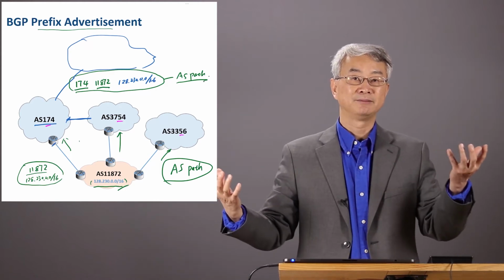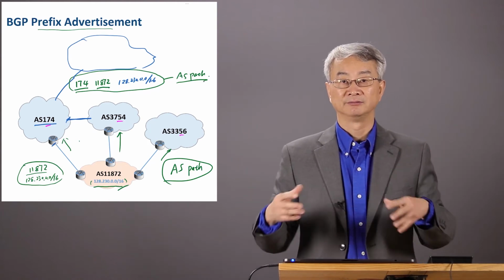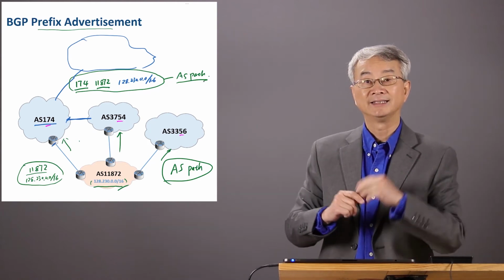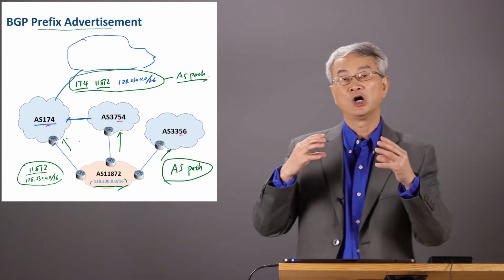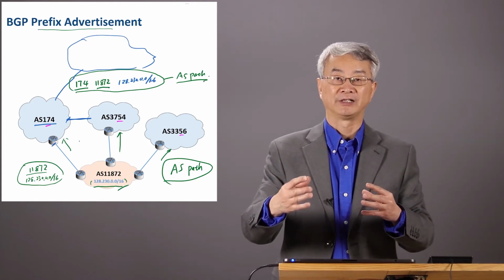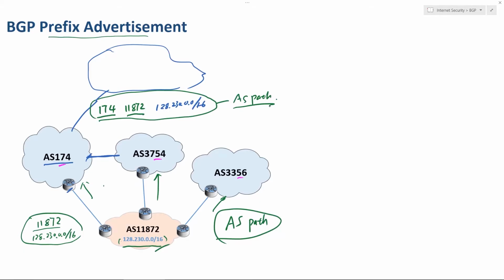Each of the autonomous systems may get a different route, depending on the topology. That's how the advertisement works. It starts with the owner of that network prefix, and then gets disseminated to the entire world. We will talk about how this path is selected.